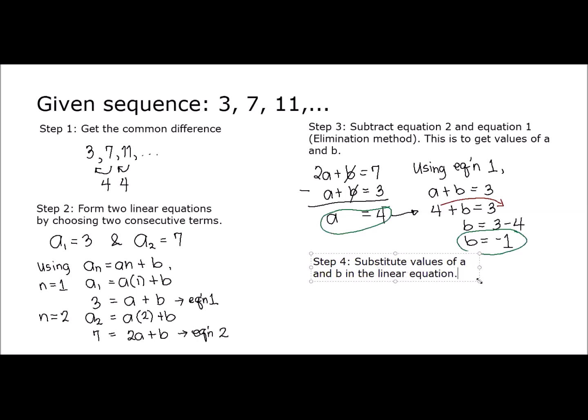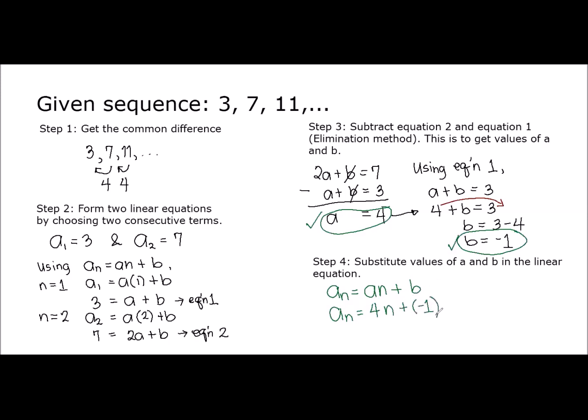Write it properly. A sub n is different from a times n. So a sub n is equal to a, which will become 4 because that is the value that we get, and then b is negative 1.